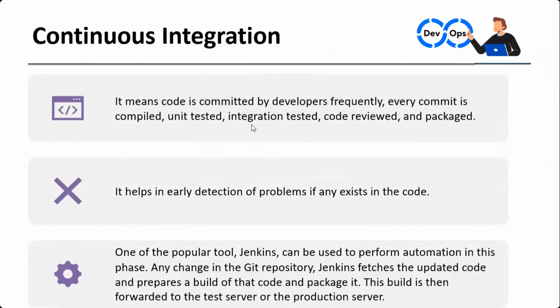So by automating this integration process, continuous integration helps maintain code quality as well as stability. Tools like Jenkins, for example, play a very important role in this space.